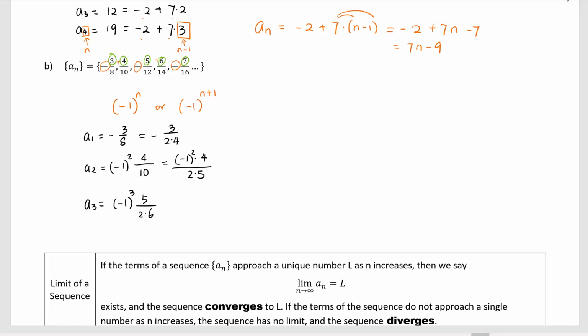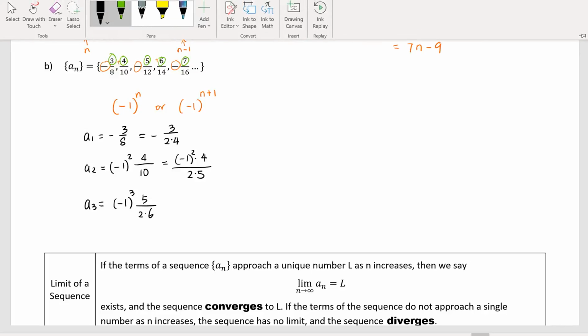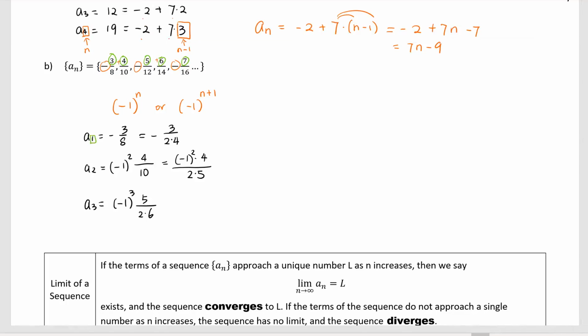Have you realized the pattern now? Okay, so we have 1, 2, 3 that change. And we also have, like, this is like minus 1 to the 1. It changes, right? And the 3, 4, 5 also changes.